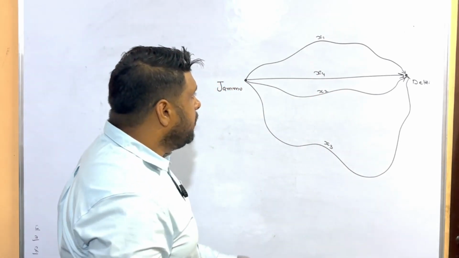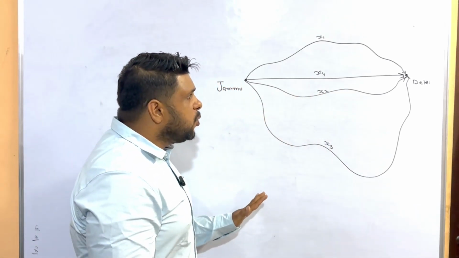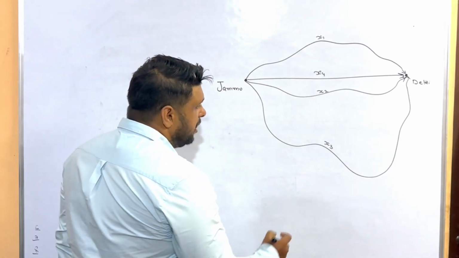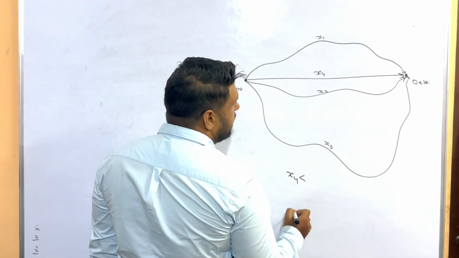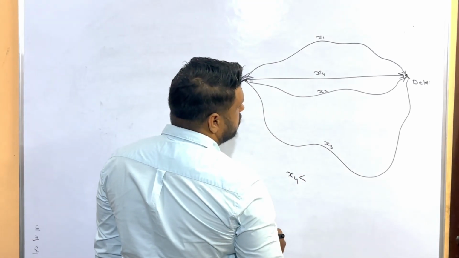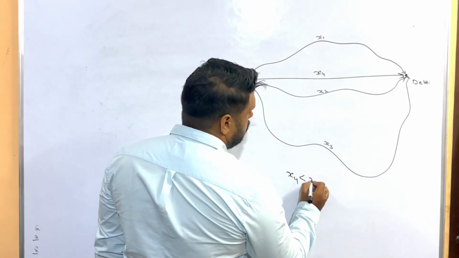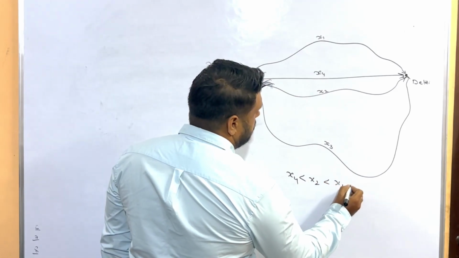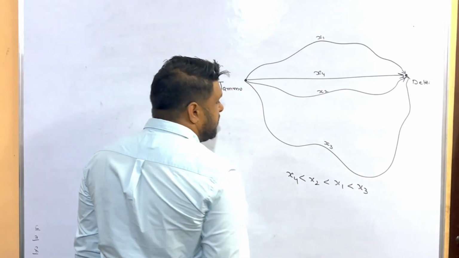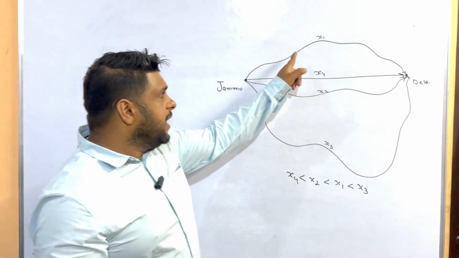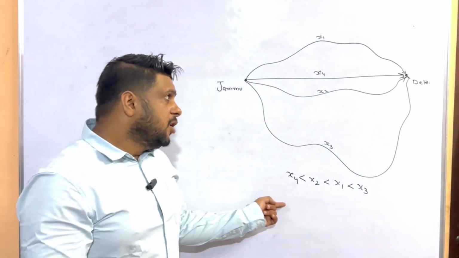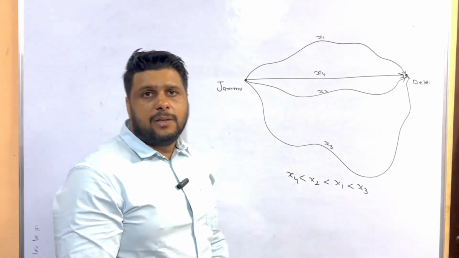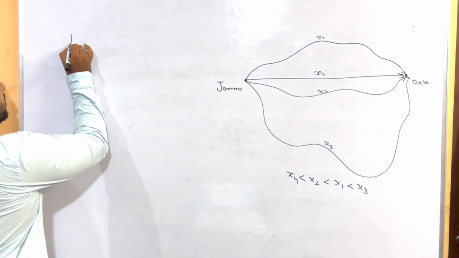In this diagram you can clearly see that x4 is the smallest, and the largest one is x3, then x2, x1. So this is the relationship between the paths. The first term which we will be defining is distance.